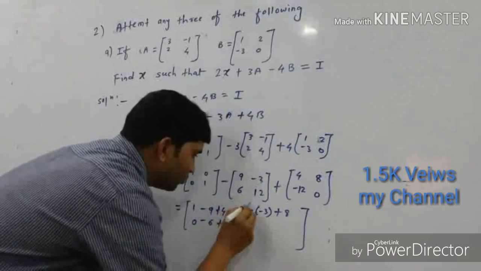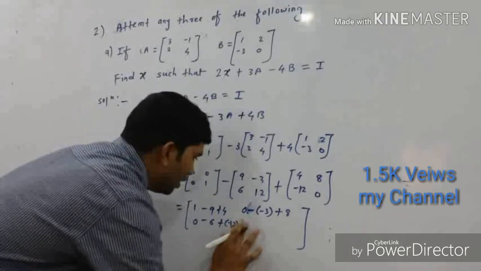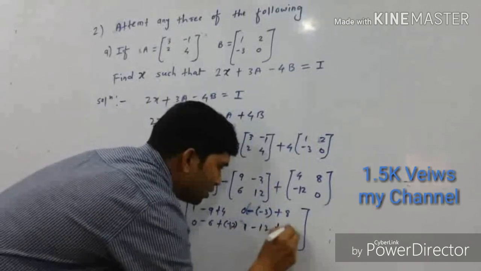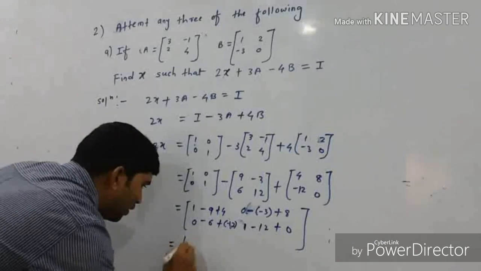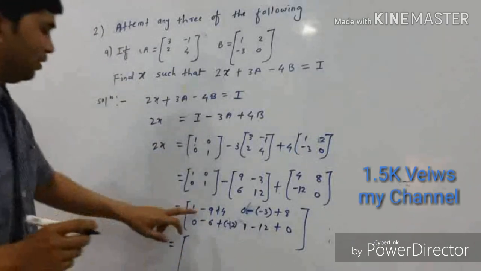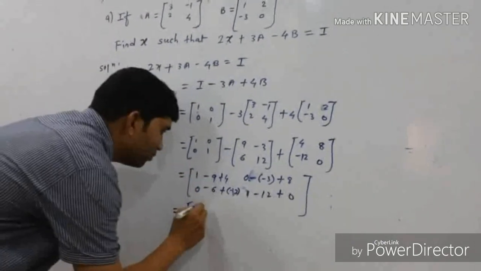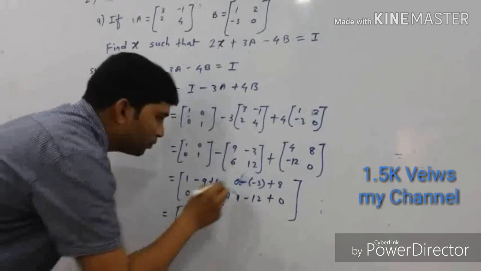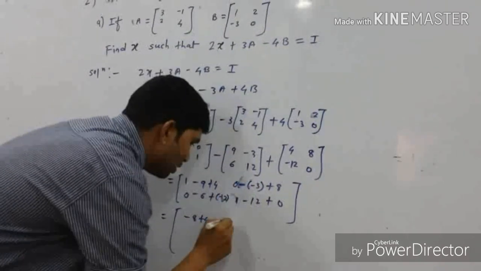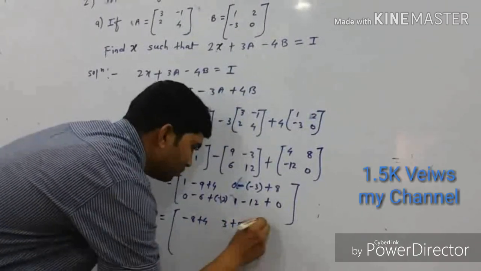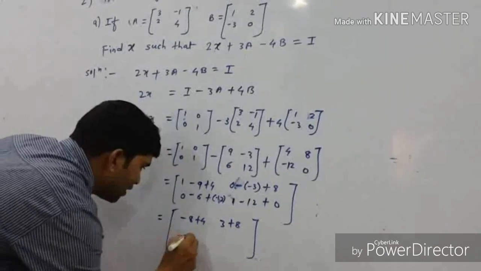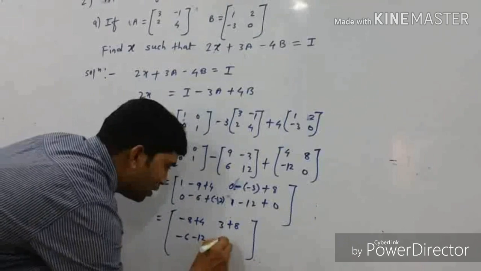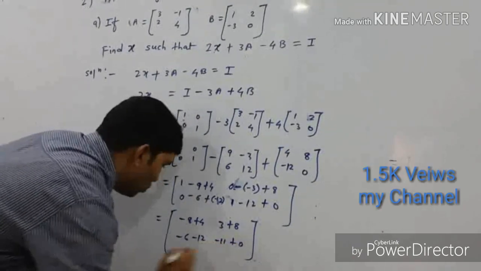Then minus 8. Then 1 minus 12 and plus 0 here. So we get 1 minus 9 minus 8 plus 4, then 0 minus minus plus 3 plus 8. Here minus 6 plus minus minus 12 and 1 minus 12, that is minus 11 plus 0.